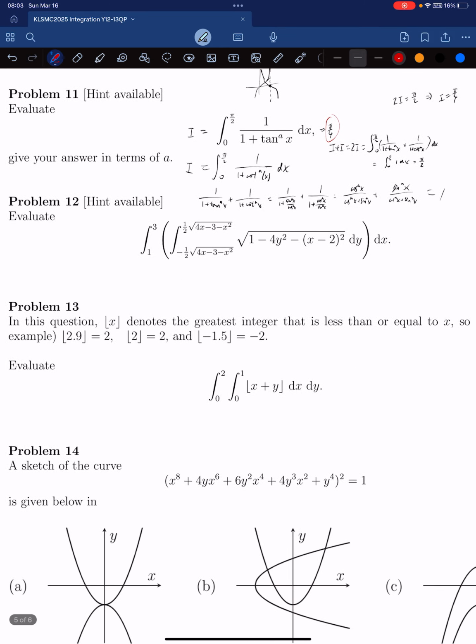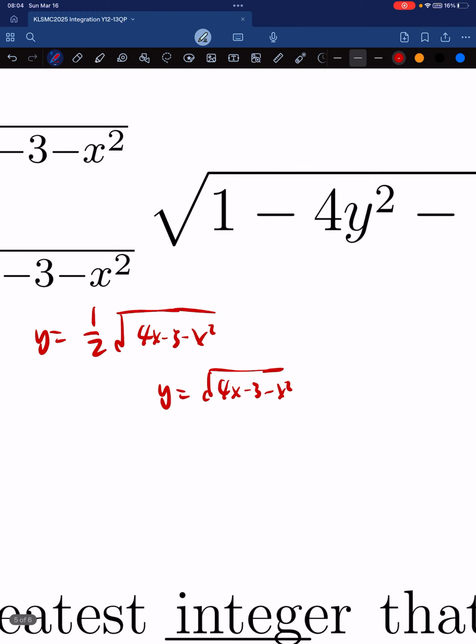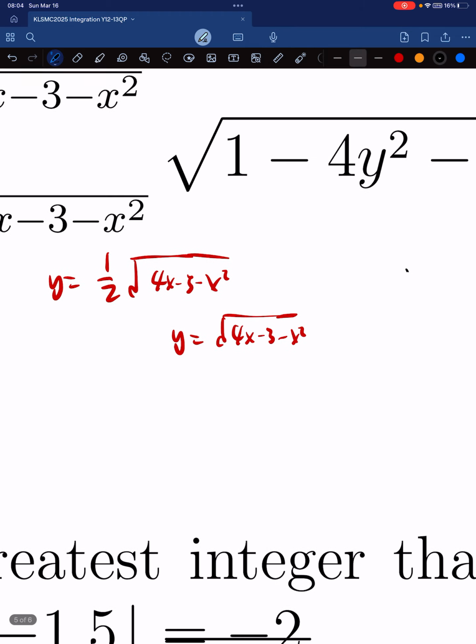So let us consider what root (4x minus 3 minus x squared) means. We can actually think of this as 1 minus (x minus 2) squared.